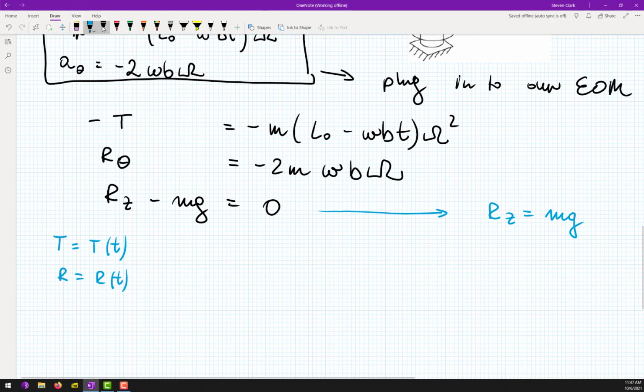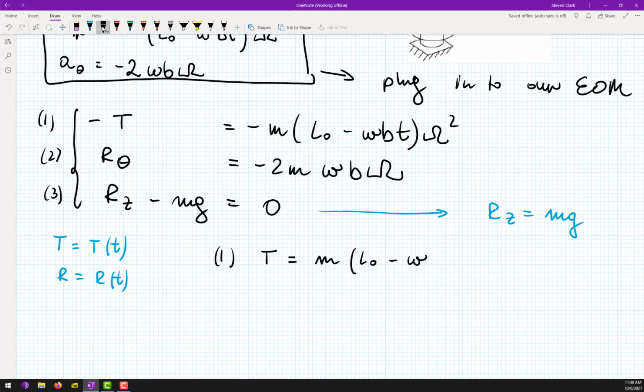Once we have these 3 equations, we can take the first equation and write that T is equal to m times L0 minus omega b t, omega squared. This is the end of part 1. This is exactly T as a function of time.